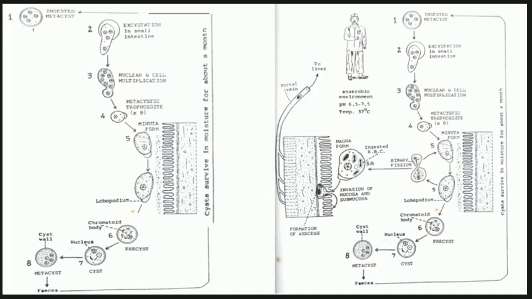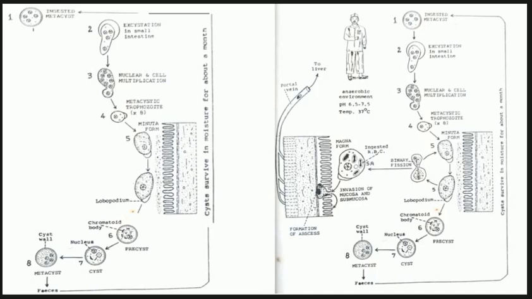it comes out, 4 nuclei come out, and that process is called excystation, okay, in which the organism comes out, initially with 4 nuclei, then 8 nuclei, then suddenly the 8 nuclei separate, and you have the metacystic trophozoite stage, and the minuta formation is there.